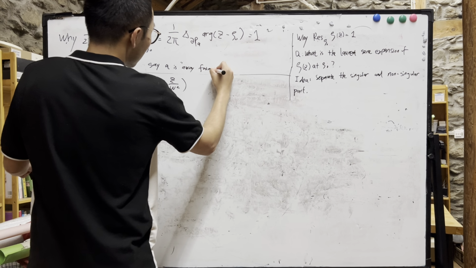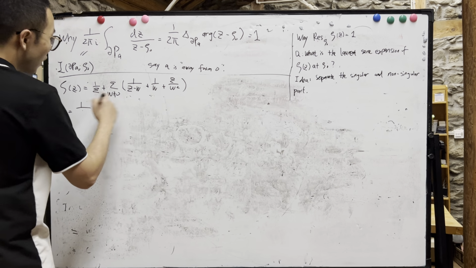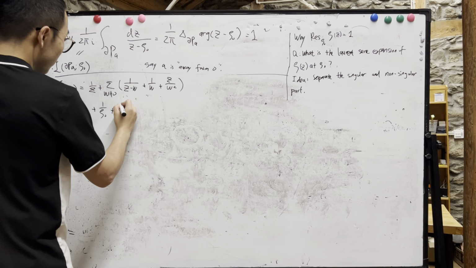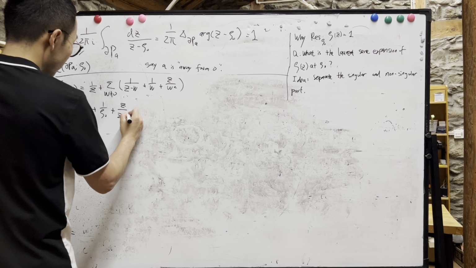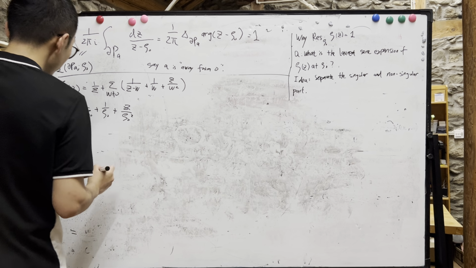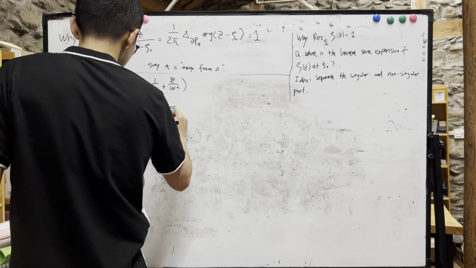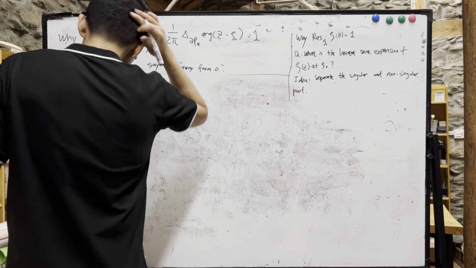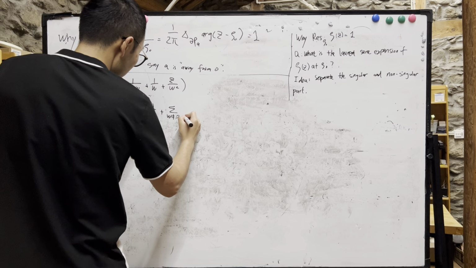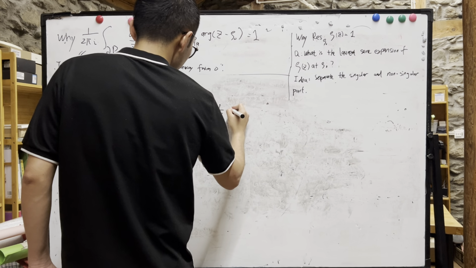And then what we have is that this zeta z is equal to 1 over z minus zeta naught plus 1 over zeta naught plus z over zeta naught squared, plus 1 over z plus the summation over omega not equal to 0 and not equal to zeta naught of this term, 1 over z minus omega plus 1 over omega plus z over omega squared.